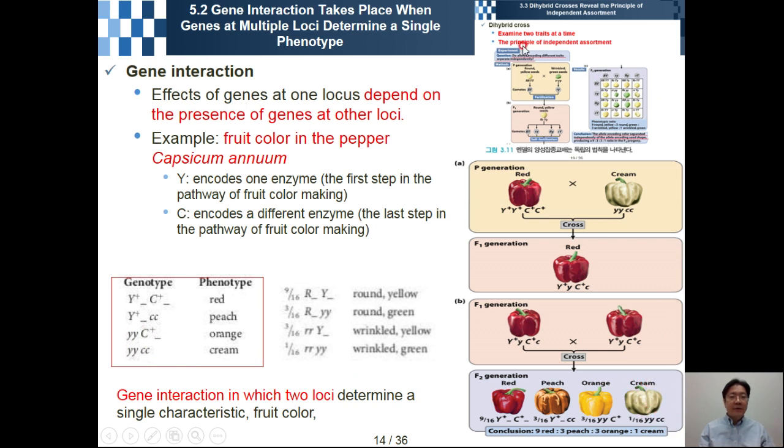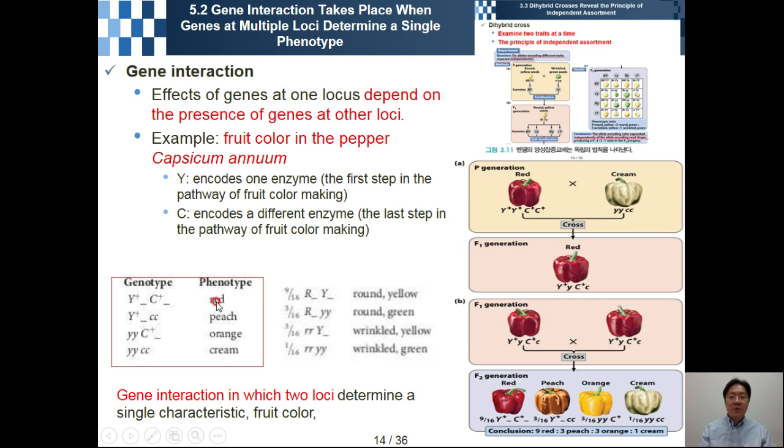When we learned the principle of independent assortment, the gene encoding the shape was located on one chromosome and the gene encoding color was located on another chromosome, so they assorted independently. In that case the final phenotype ratio was 9:3:3:1.